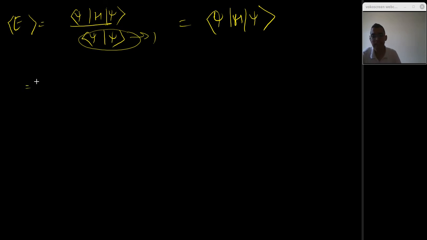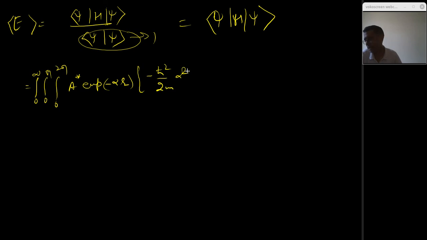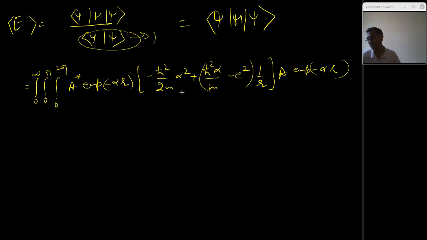So if I put their values, it's integral from 0 to infinity, 0 to π, 0 to 2π, and here it is A star exponential of minus αr, and here inside it is ħ² by 2m α² plus ħ² α over m minus e², ψ, sorry, 1 by r, it's here, and it is A exponential of minus αr.